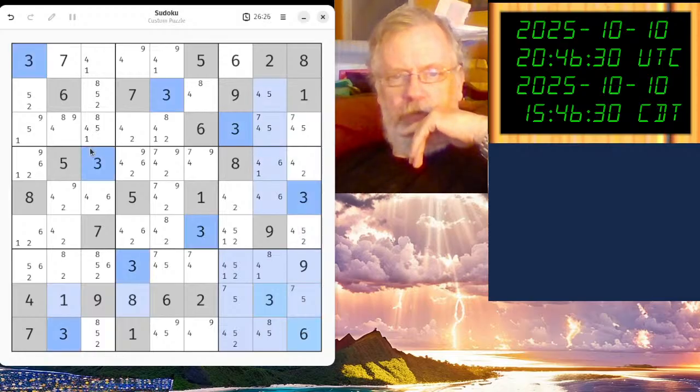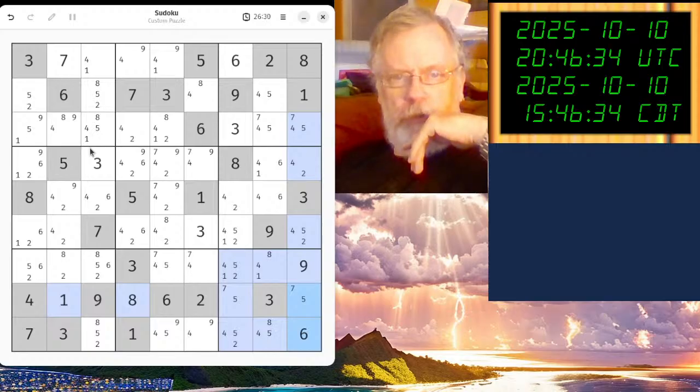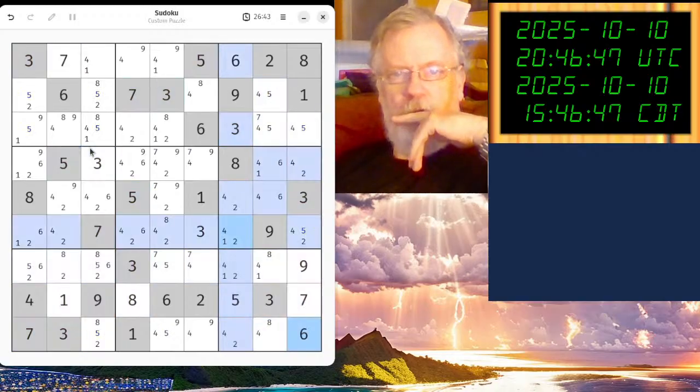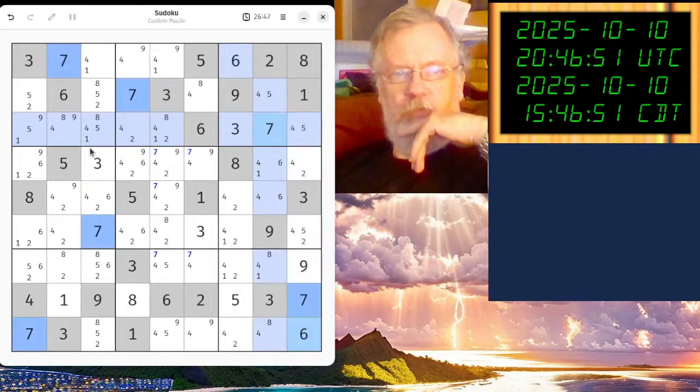All right, so since I've got either a 7-5 here or a 7-5 here, this is where I'm going to start playing, try and swap. Go with the 7-5 here. And that turns that into a 7.